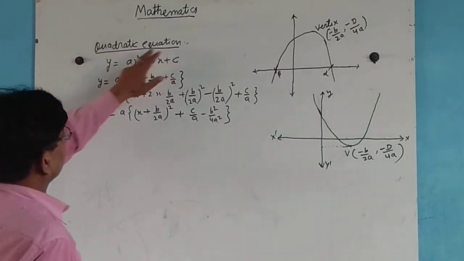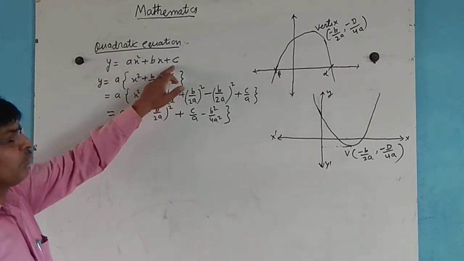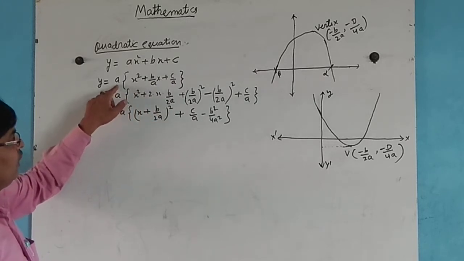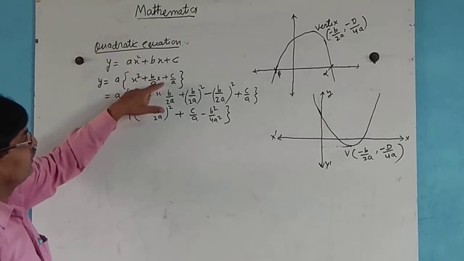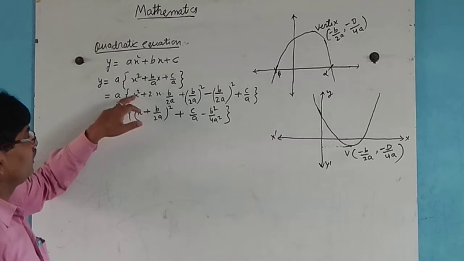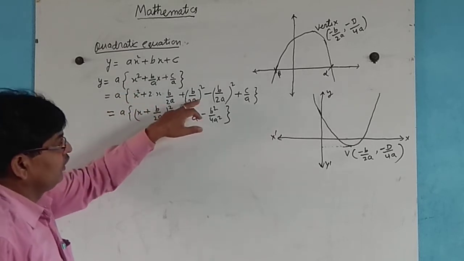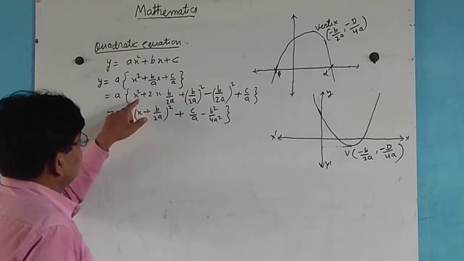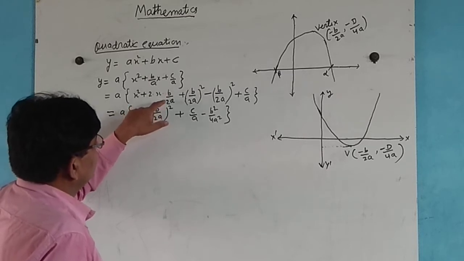Now, the quadratic equation y is equal to ax square plus bx plus c. Here we take a common: a times x square plus b by a x plus c by a. Now we change x square into a perfect square, so that 2 into the product of x and b by 2a.